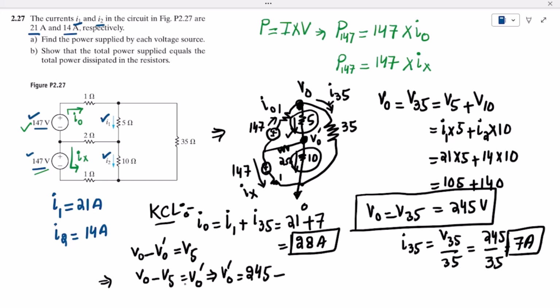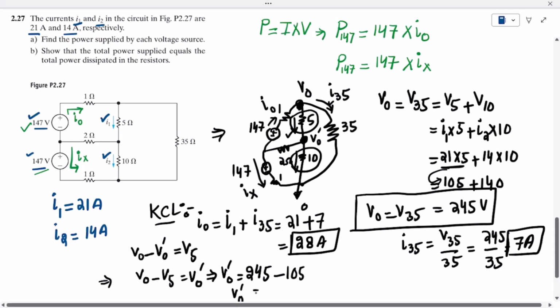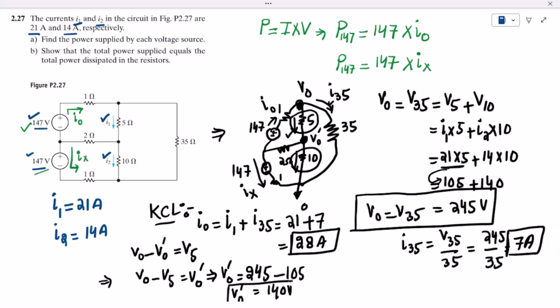The value of V5, that is here and here, is 105. So V0 prime is 245 minus 105, which is 140 volts.